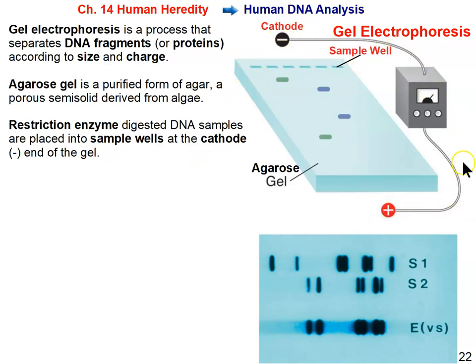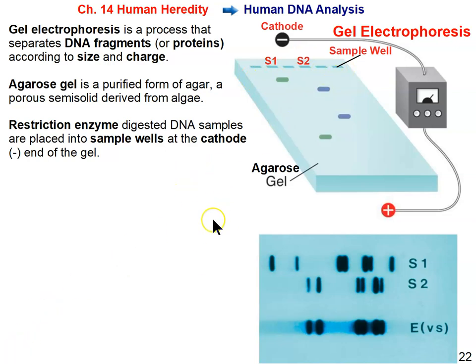You'll notice we're setting up an electrical field across the gel. Sample 1 is in this lane, as we say. Each sample well represents a lane on the gel. Sample 2 is in this well, and the other wells are just empty in this example.